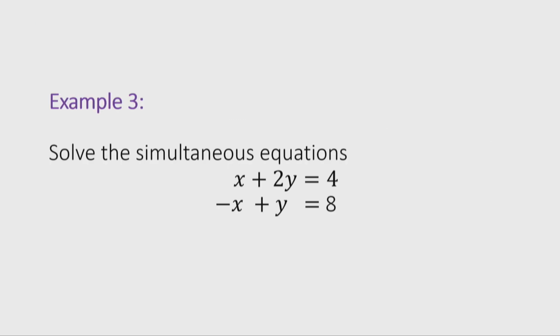A third example now. Solve the simultaneous equations x plus 2y equal to 4 and minus x plus y equal to 8. So first we need to label our equations 1 and 2 respectively. We look at the coefficients for x.